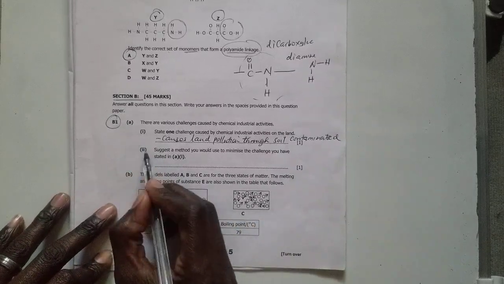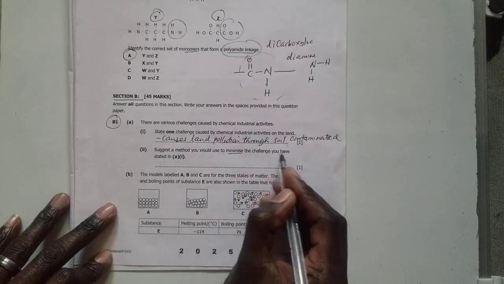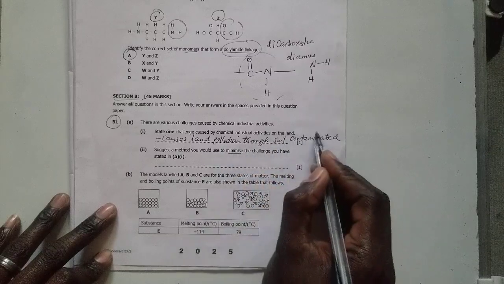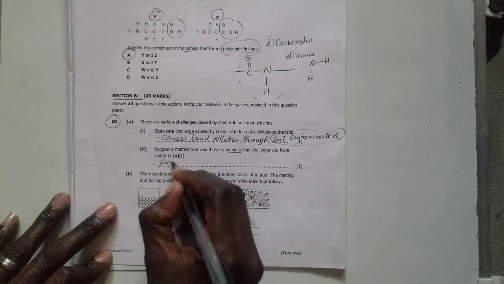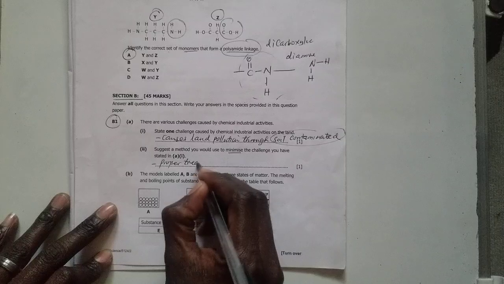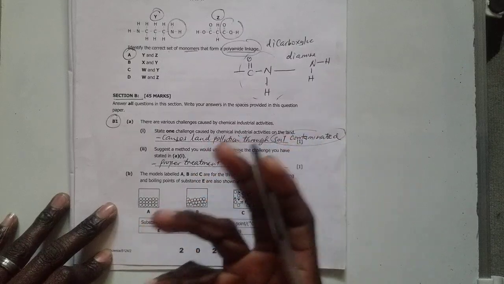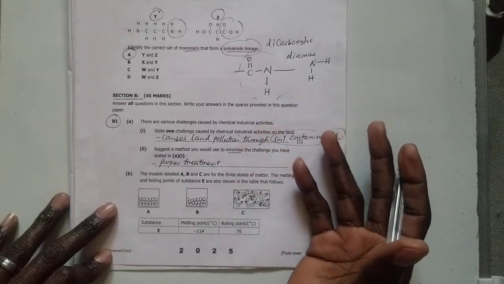Then A2 says, suggest a method you could use to minimize the challenge you have stated. So how can we reduce the land pollution through soil contamination? What we can simply do is proper treatment. You can treat the chemicals, neutralize them before releasing them into the soil.